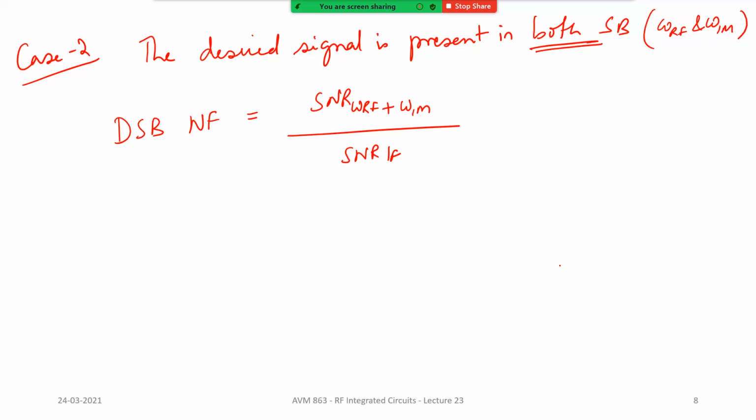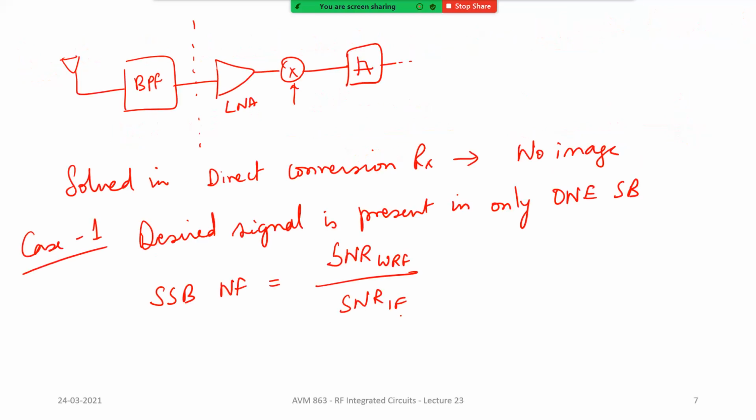But typically what happens is, let me give the scenario. Let's say you have signal and some noise on each side. Let me make it symmetric: this is omega IM and this is omega RF. That is the DSB case. For the SSB, how is it going to be?